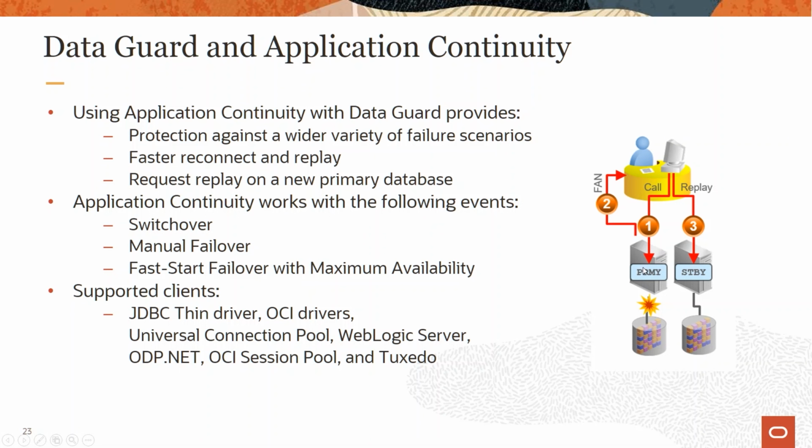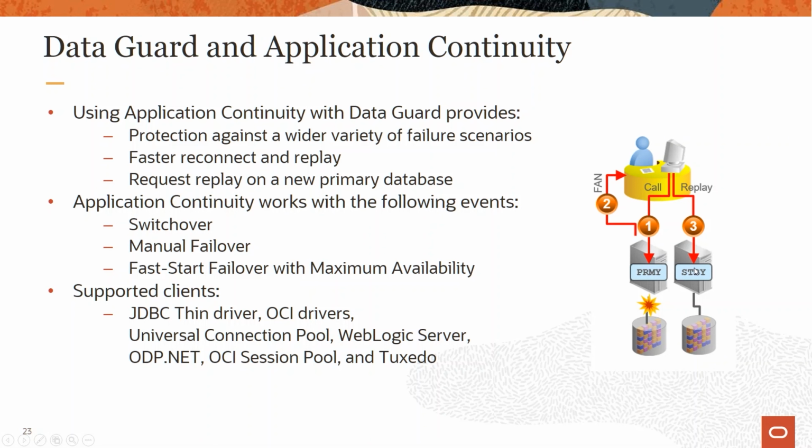So my primary database becomes a standby database. My standby database becomes a primary database. In that case, as a result of a failover, the FAN message is returned. You know what? You ran insert, update, delete, and commit, but we don't know what the final result is because of a failover operation.